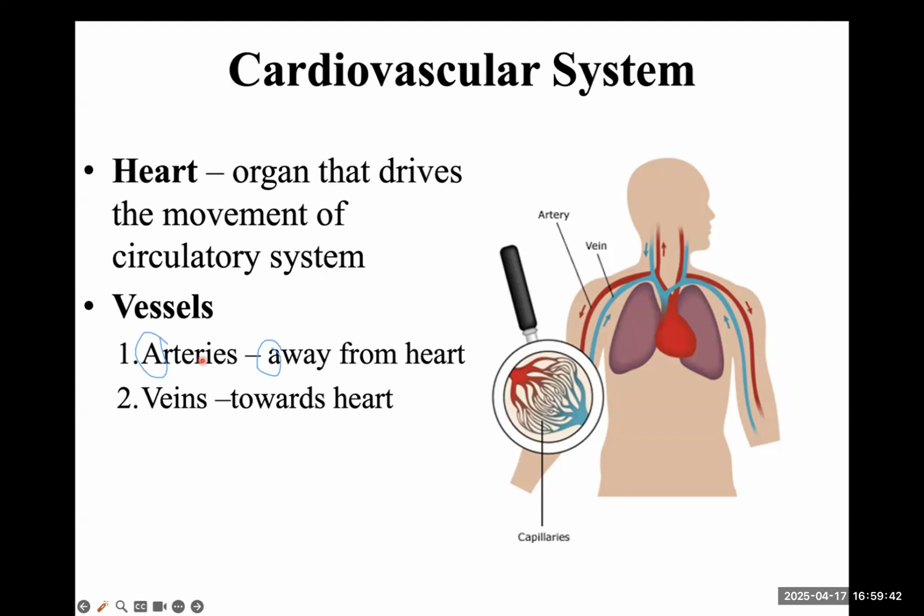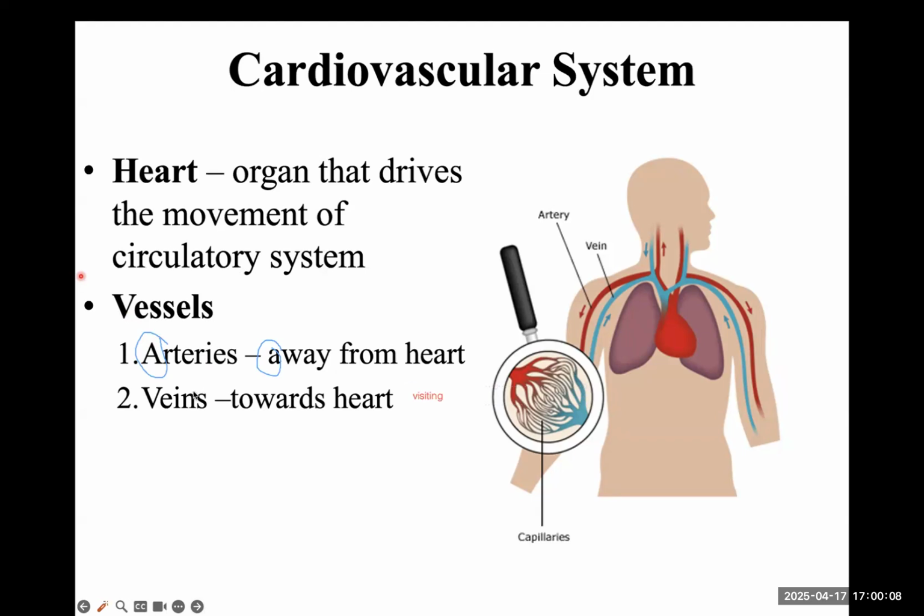On the other hand, we have this other vessel called the vein. Veins go towards the heart. They drain blood from your muscles and your organs and take it towards the heart, where it gets sent over to the lungs for oxygenation. The way you can remember this is V for veins, and maybe say V for visiting.